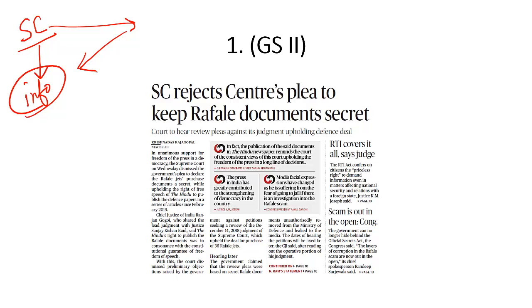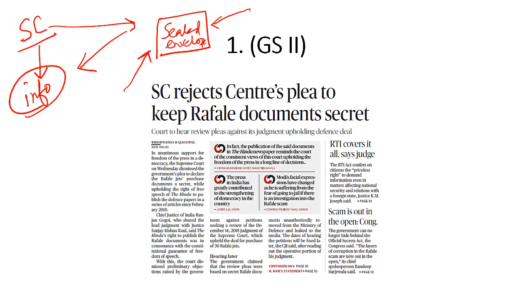Why? Before the Supreme Court gave this decision, it asked the government, please submit in a sealed envelope the details about the Rafale deal so that we can check the contents of this sealed envelope to see if there is an element of corruption so that we can order the investigation. Why a sealed envelope?